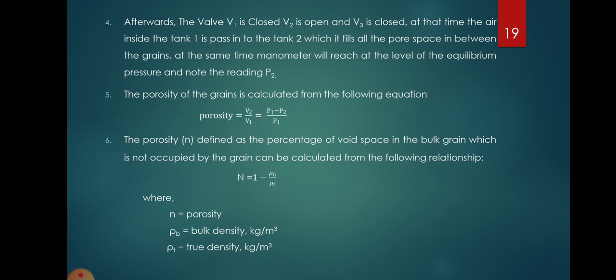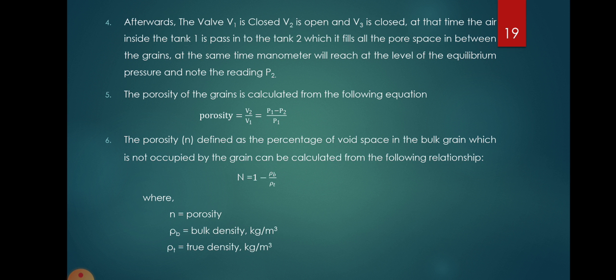Afterwards, the valve V1 is closed, V2 is open and V3 is closed. At that time, the air inside tank 1 passes into tank 2, which fills all the pore space in between the grains. At the same time, the manometer will reach the level of the equilibrium pressure and we note the reading P2.